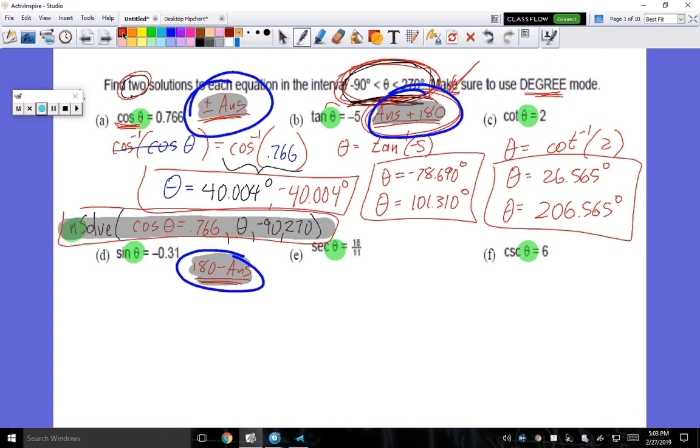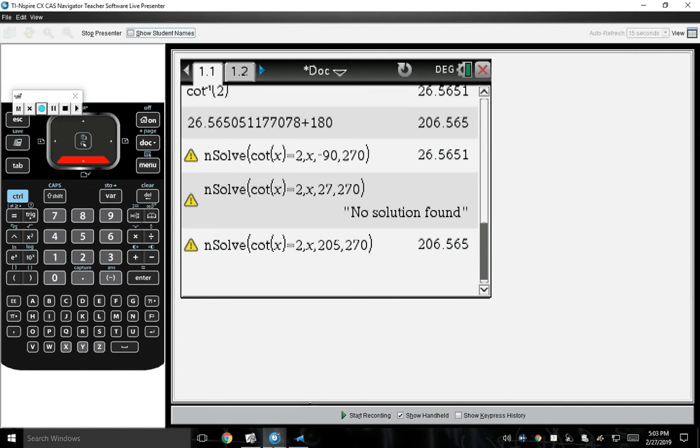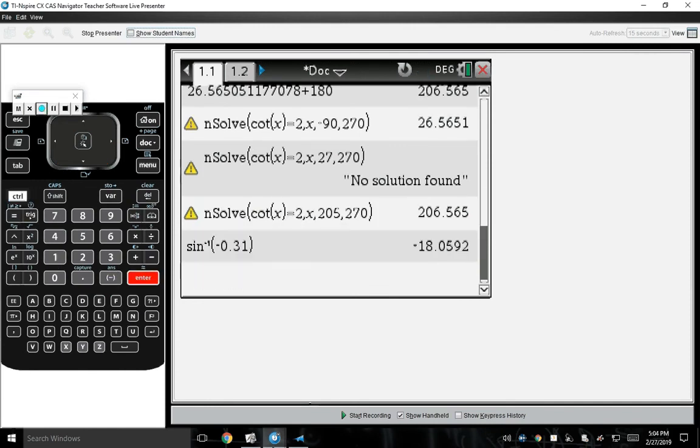So let's do these bottom three real quick. Okay, so we're going to take the arc sine, otherwise inverse sine, of -0.31. Okay, let's see what we get there. So let's go to the calculator. We'll say the inverse sine of -0.31, control enter, and we get -18.059.